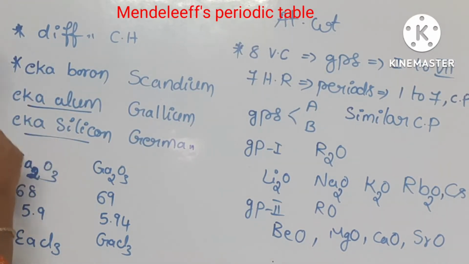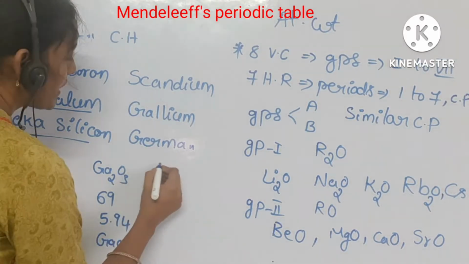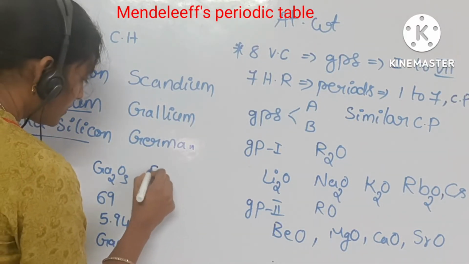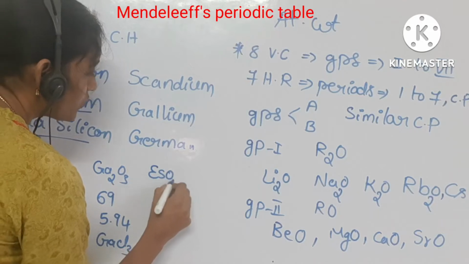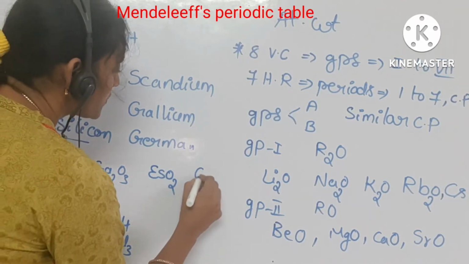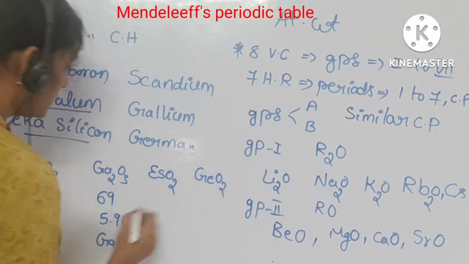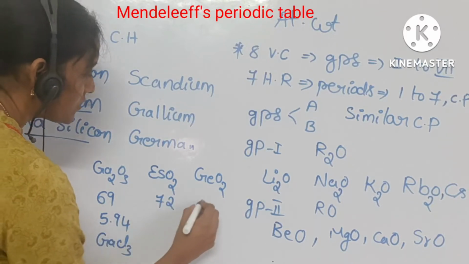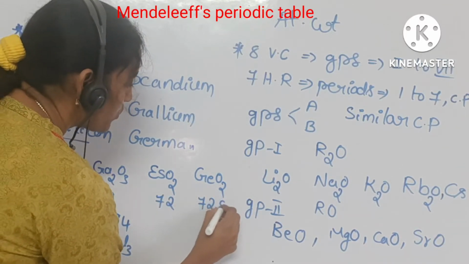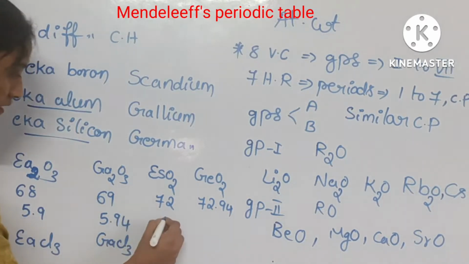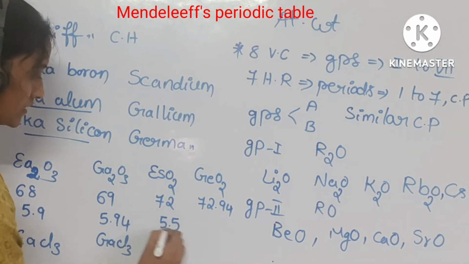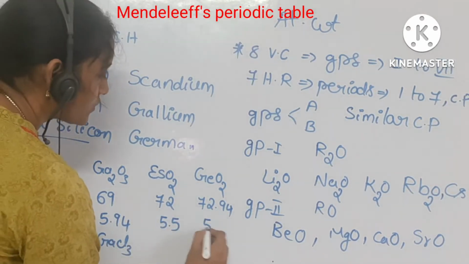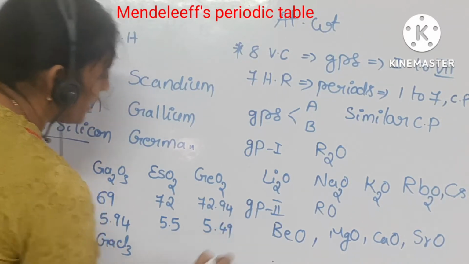Suppose you take Eka silicon and germanium. Eka silicon forms the oxide EsO2, germanium forms the oxide GeO2. Its atomic mass is 72, and the other's atomic mass is 72.94. Here the density is 5.5 and the other's density is also 5.49.